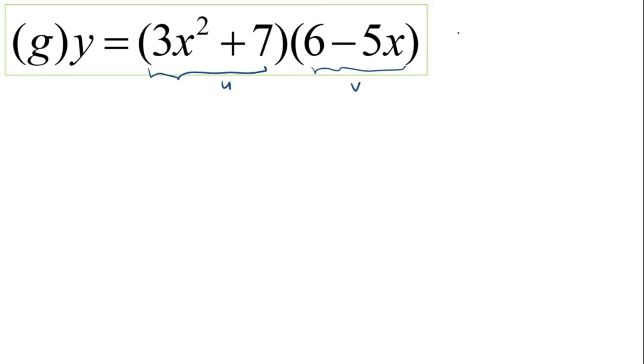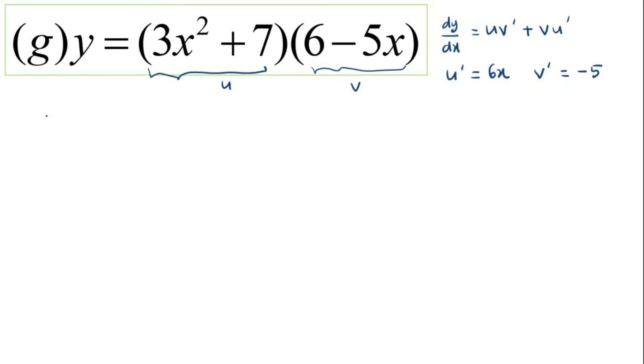I rewrite back our rule. So if we have to use the product rule, our dy dx here would be uv prime plus vu prime. In this case, our u is 3x squared plus 7, so our u prime would be 6x. And since our v is 6 minus 5x, our v prime here would be negative 5.